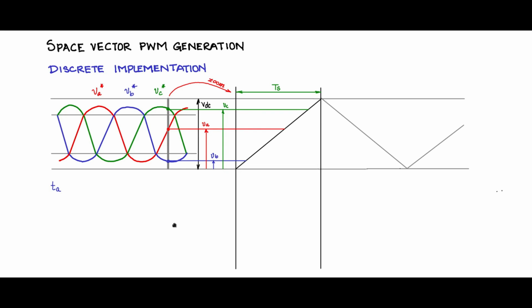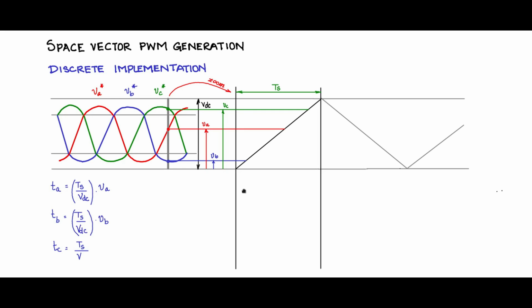Using a linear relationship, VDC will get converted to TS, the full period, because of this linear ramp. So TS by VDC is the conversion ratio or transformation ratio. TA is TS by VDC into VA, which gives a time corresponding to VA. TB is TS by VDC into VB, giving a time corresponding to VB.